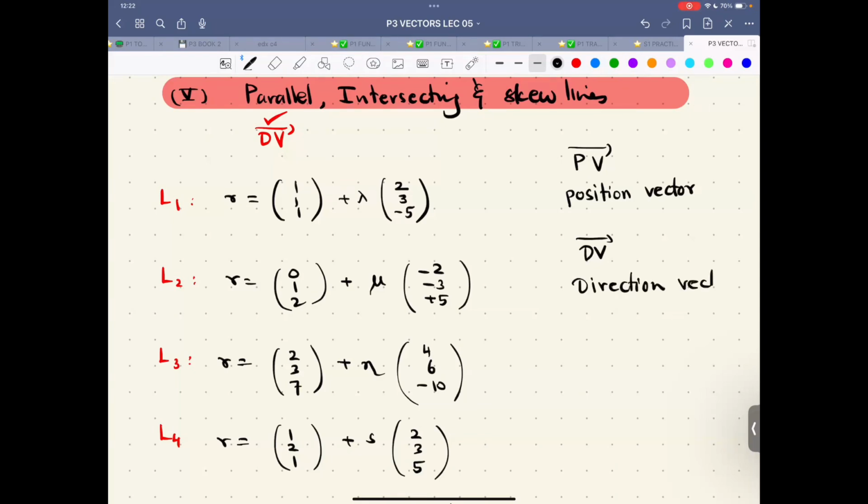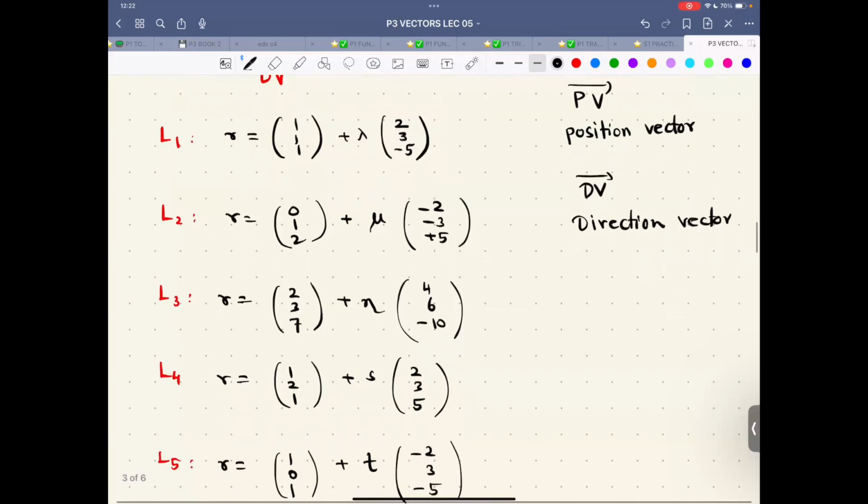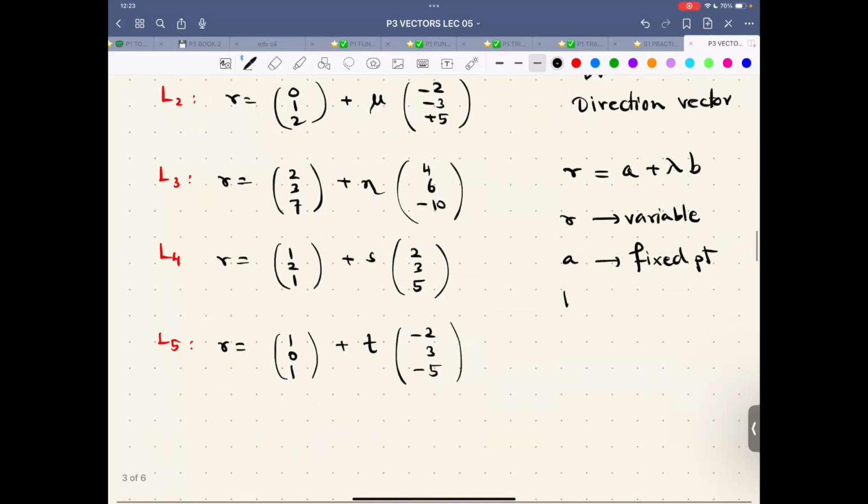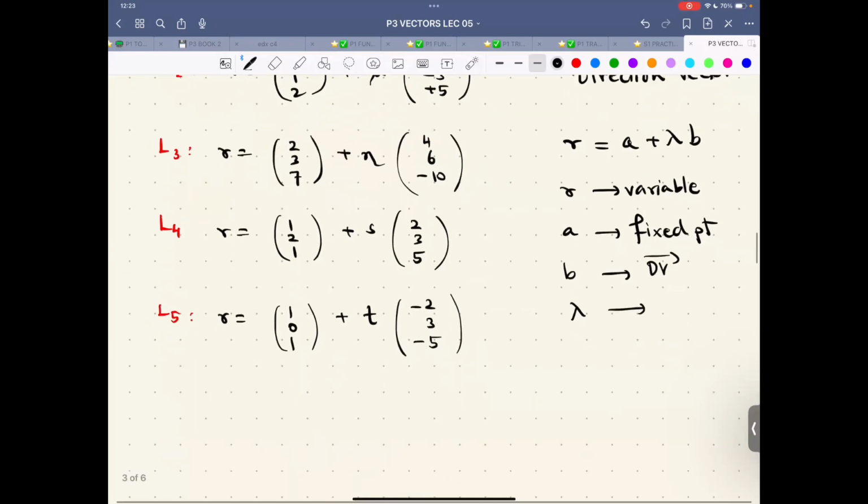So this is the direction vector. We are aware of this: r = a + lambda b. r is a variable point, it could be any point on the line. a is a fixed point on the line. b is the direction vector. Lambda is a parameter.